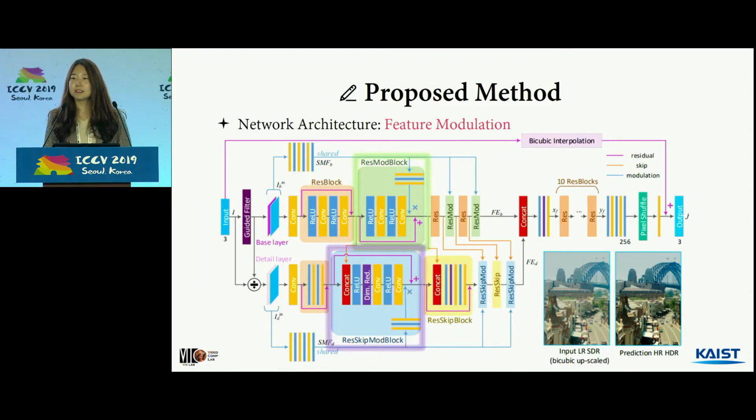The second element in our design is the feature modulation blocks. For the two main feature extraction passes for the base and the detail layers, there are also modulation branches for each of the passes. The corresponding input goes through the shared and independent convolution layers to produce the modulation maps in each modulation block, and they are element-wisely multiplied onto the output feature maps.